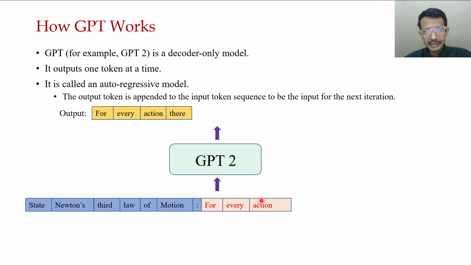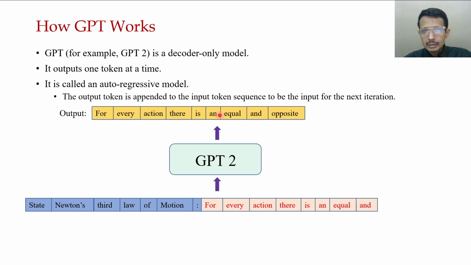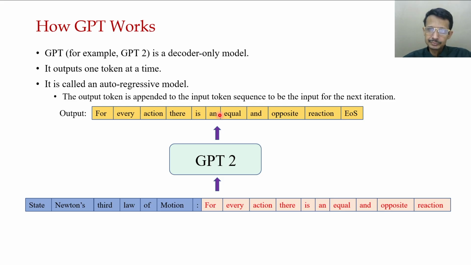Then "action" comes here as an input, and so on. In this way GPT keeps going until it reaches an end of statement token. So this is how the GPT-2, or the GPT model, basically works.